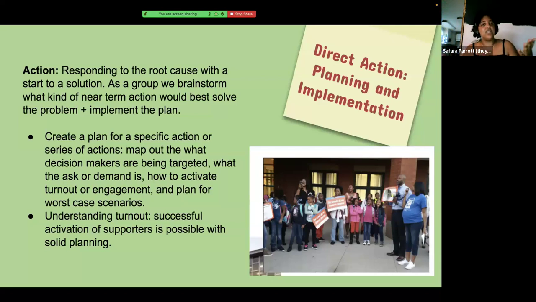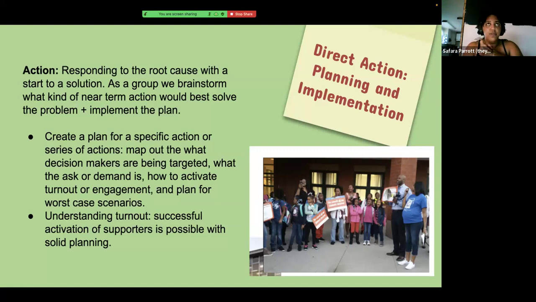Like the action is for better lunches or whatever. But it's really important to not just do actions willy-nilly. They're responding to the root cause with a start to a solution. So as a group, we brainstorm what kind of near-term action would best solve the problem and implement the plan.